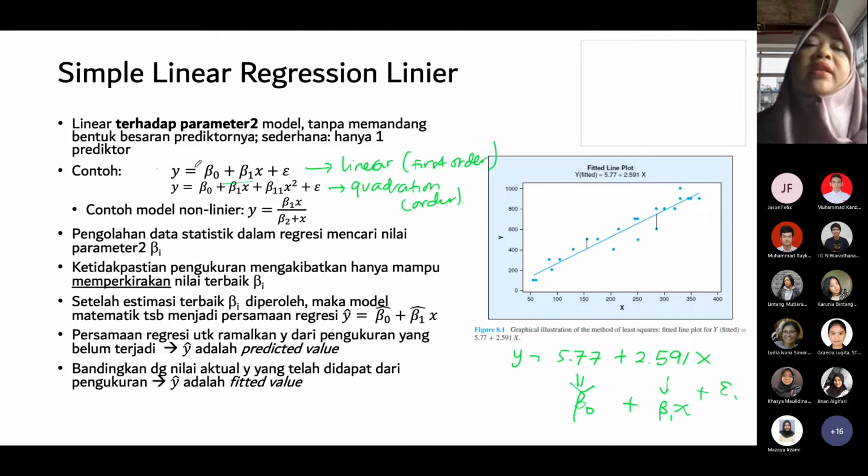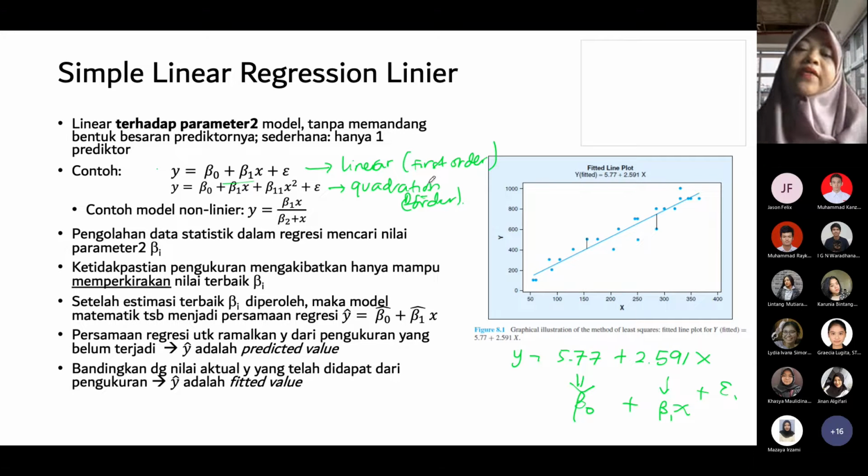Okay, so this is called a linear model. Basically the parameters are linear. This is the first order, and this one is the quadratic or second order.